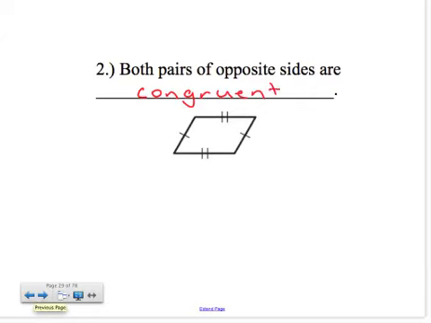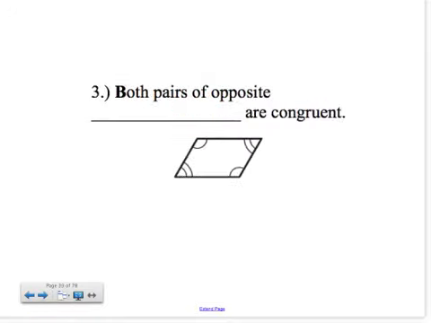So again, we can prove that opposite sides are parallel. We can prove that opposite sides are congruent. Either one is going to allow us to conclude that the shape is a parallelogram. The third way is to show that both pairs of opposite angles are congruent. And again, you're going to notice all of these are exactly what our properties were yesterday.